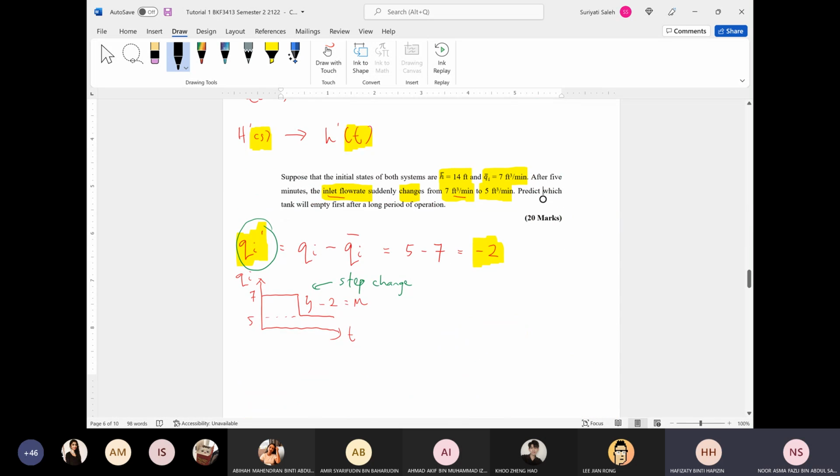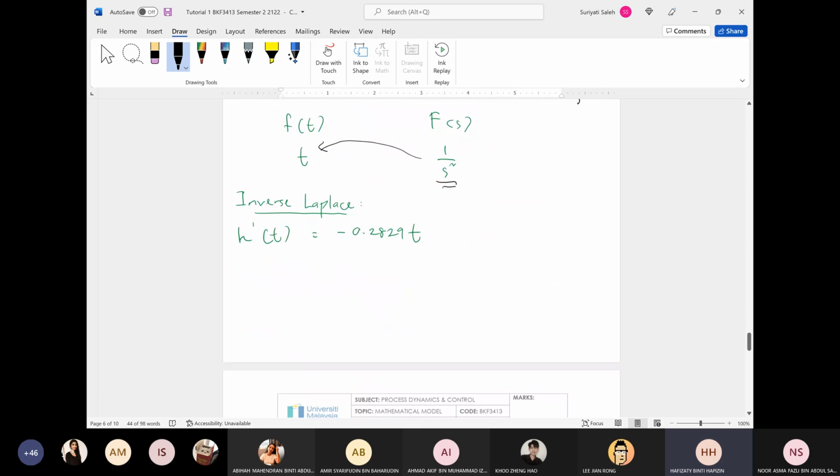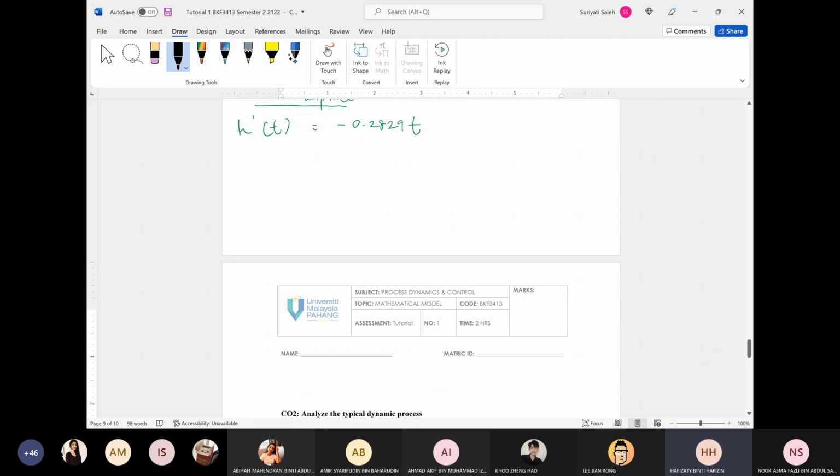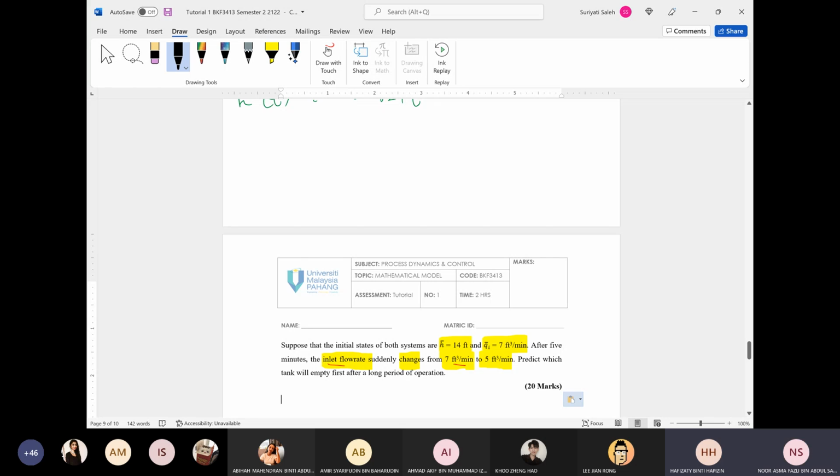If we take a look at the question again, suppose the initial state of our system is H bar 14 feet and Qi bar 7 feet cube per minute.